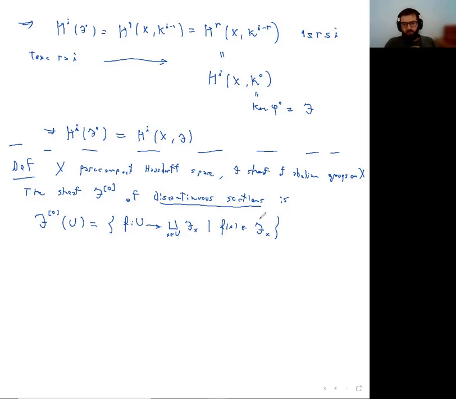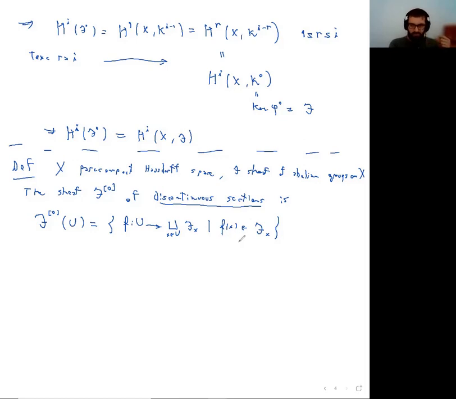And maybe now you're like, oh, but this is just the sections of the sheaf over U. Or maybe you try to remember that this is very similar to what we did when, given a presheaf, we wanted to associate a sheaf. So we took something really like this. The only difference there is that we added an extra condition, that locally you're represented by one element.